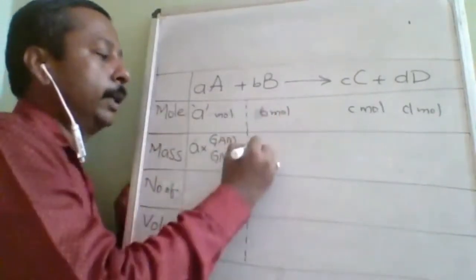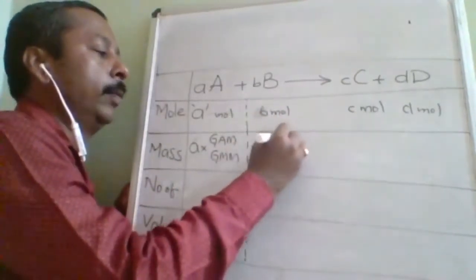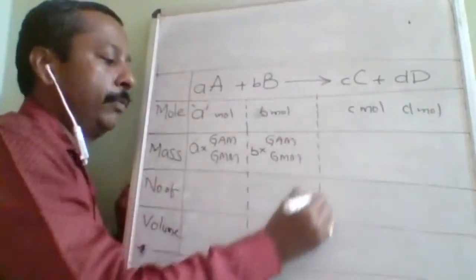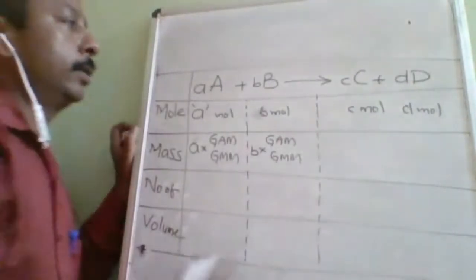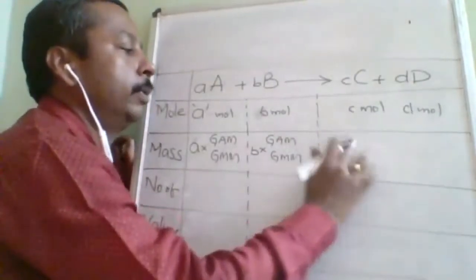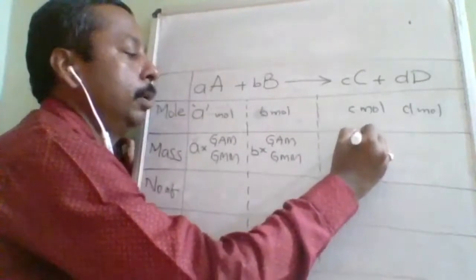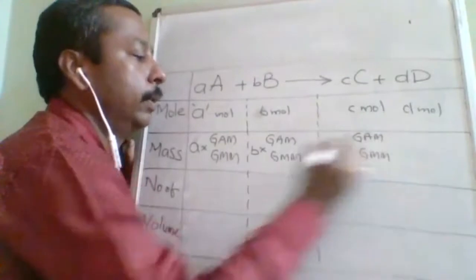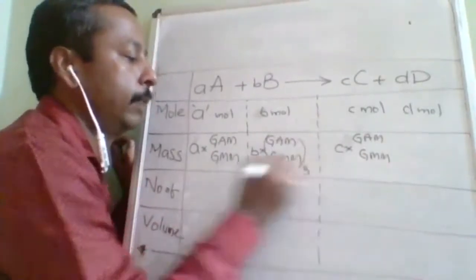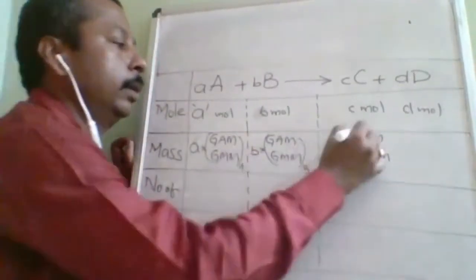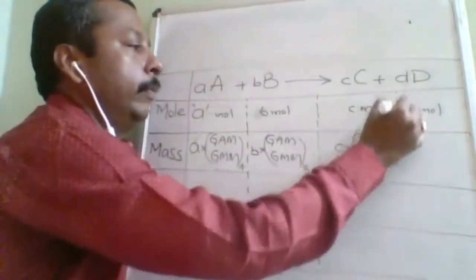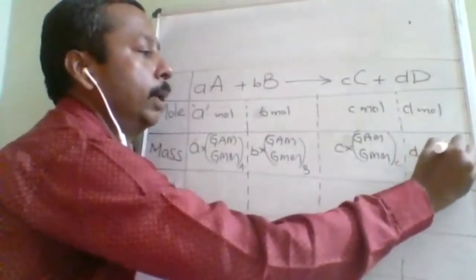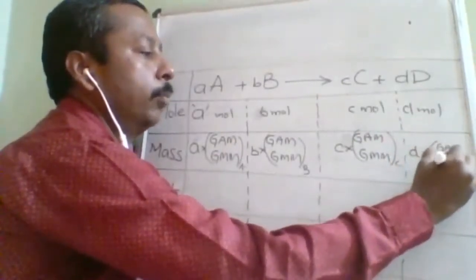Same way, b into gram atomic mass or gram molecular mass, and after the reaction, c into gram atomic mass or gram molecular mass, and d likewise.